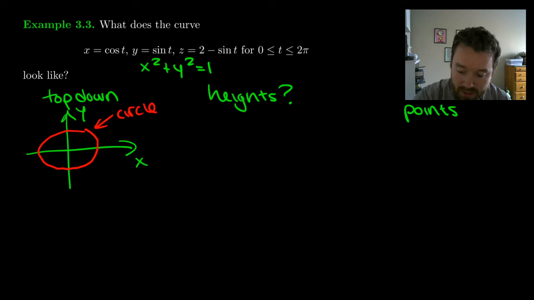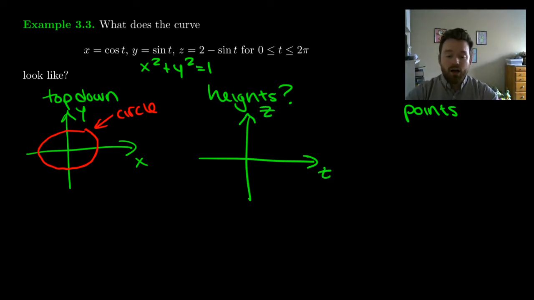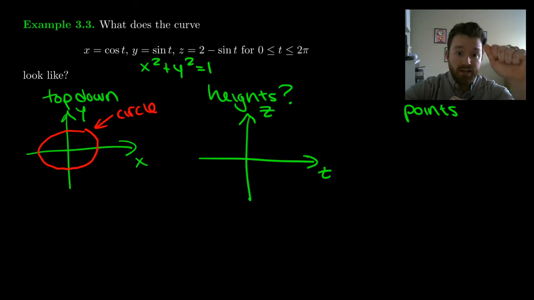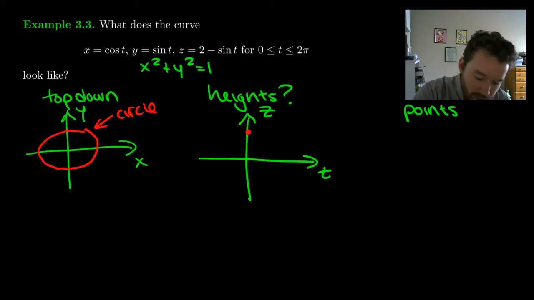In terms of heights, things get a little bit more complicated, but let's try to work through this. If I think about z in terms of t, what's happening? Right, so 2 minus sine t, that's a vertical flip of the sine t function shifted up by 2. Okay, so I'll start here at the point 0, 2. And remember, the sine function looks something like this.